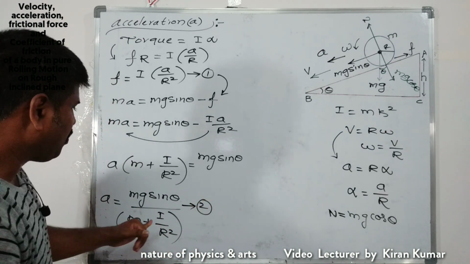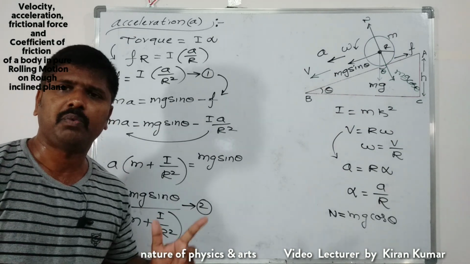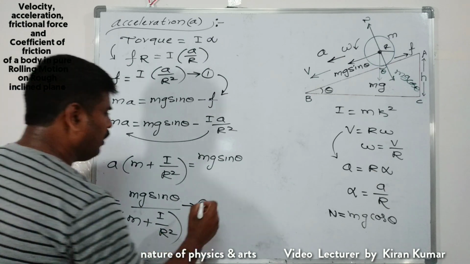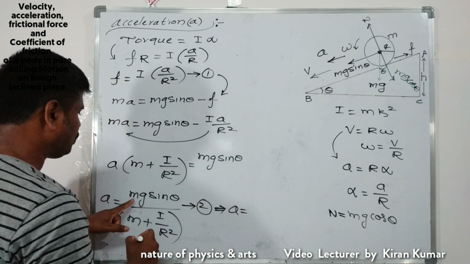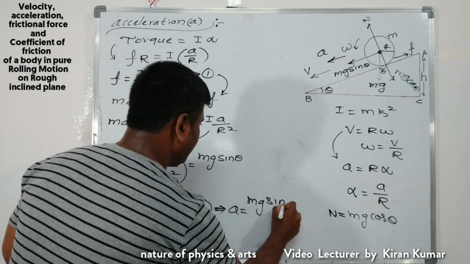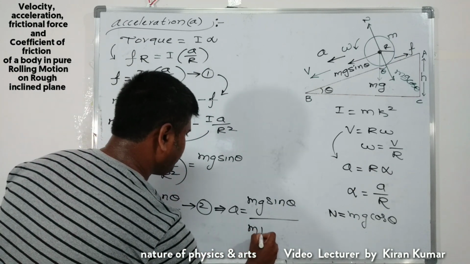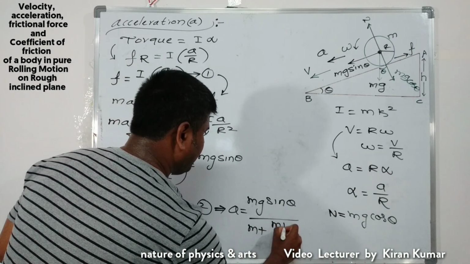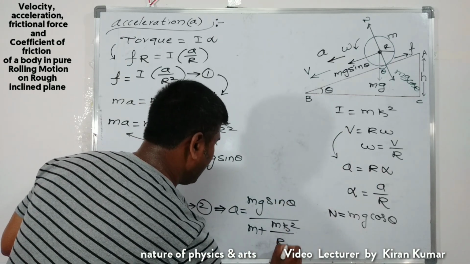In this equation we can replace the I value, then we will get the second equation for the acceleration: a is equal to mg sin theta divided by m plus mk square divided by r square.